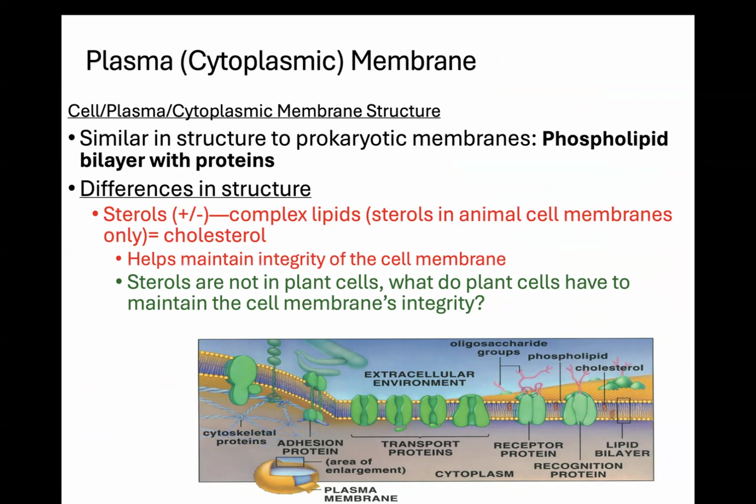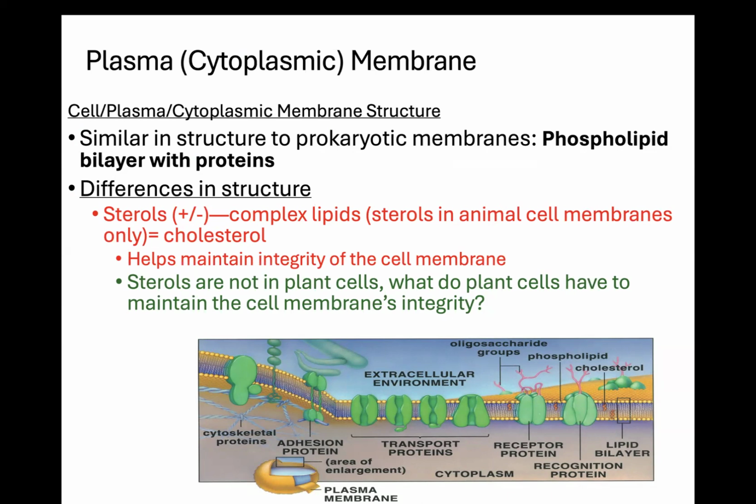Now, one big difference in structure in the cell membrane is that animal cells, so human cells, also have something called sterols in their plasma membrane, like cholesterol. These sterols help maintain the fluidity, which is like the stability of the cell membrane.